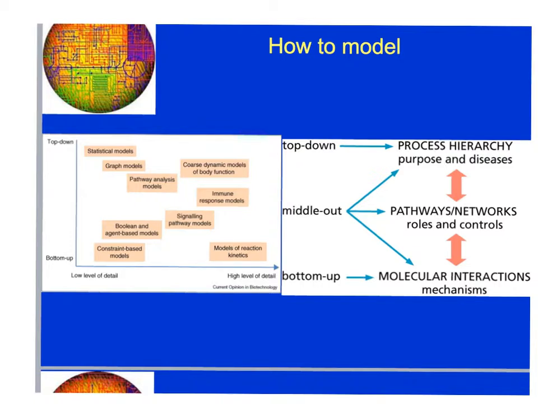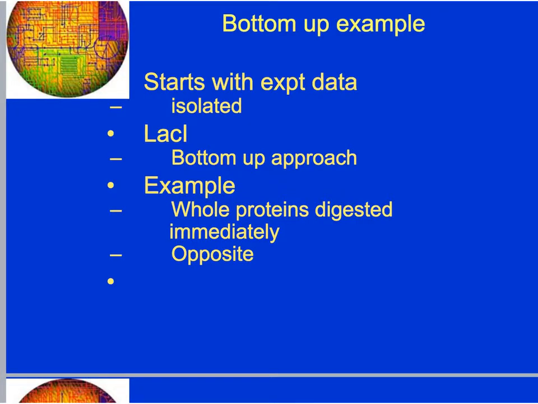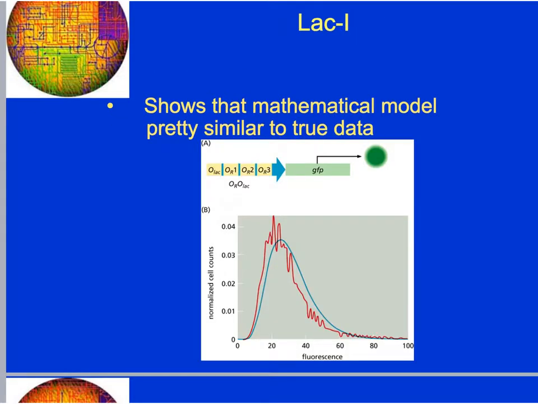So a bottom-up example might be they start with data on black eye. So we know a lot about black eye. It's been studied extensively, experimentally, so we can use it to figure out a model of how it works with how it interacts. So they designed a model where they were looking at promoter regions of black eye to see how they worked in relationship to the fluorescent green proteins.